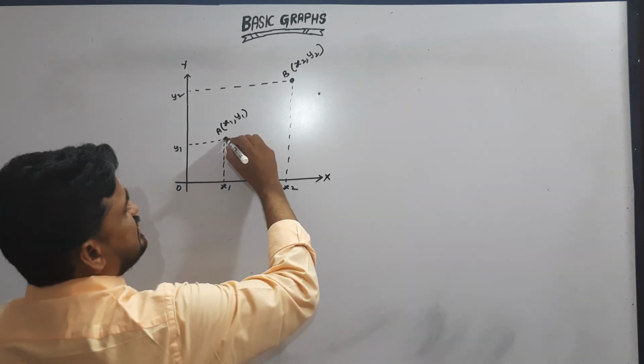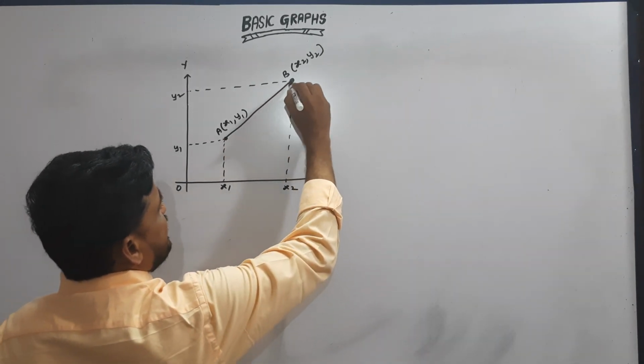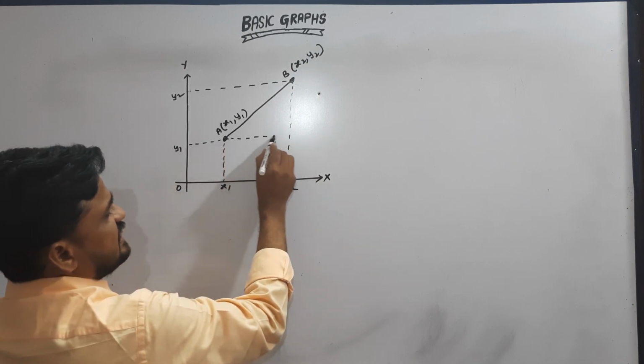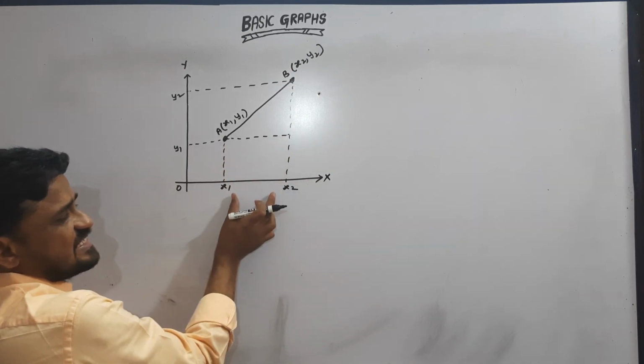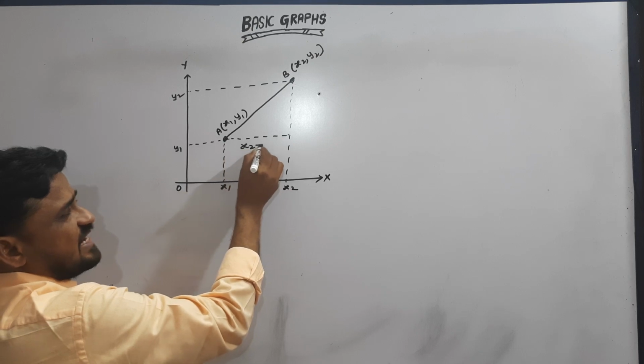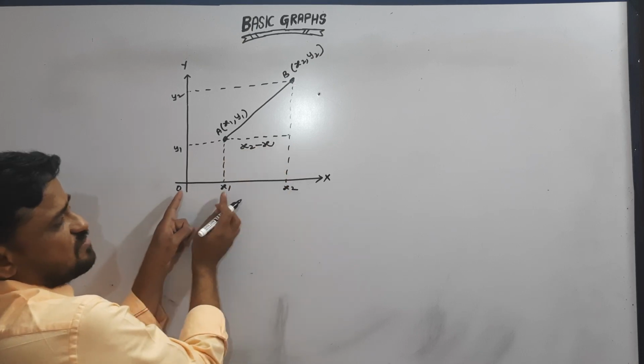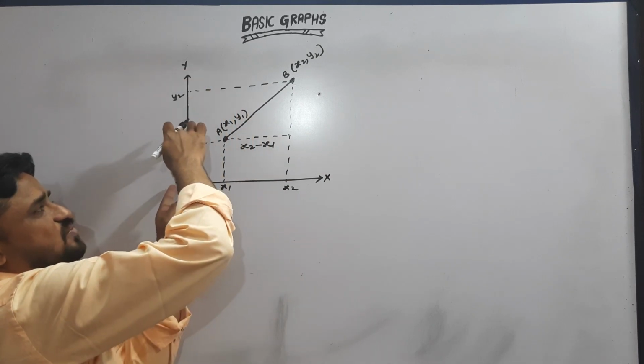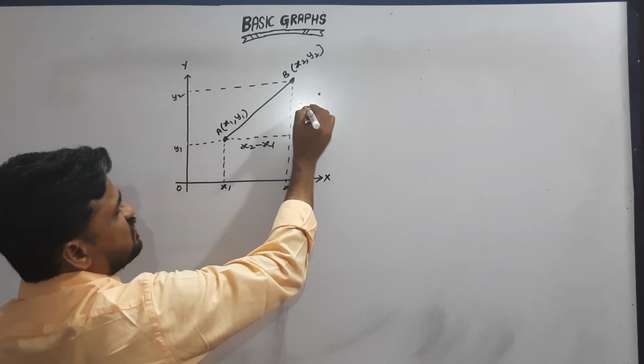See, join a line between the two points. Here, this length is x2 minus x1, and this length is y2 minus y1.